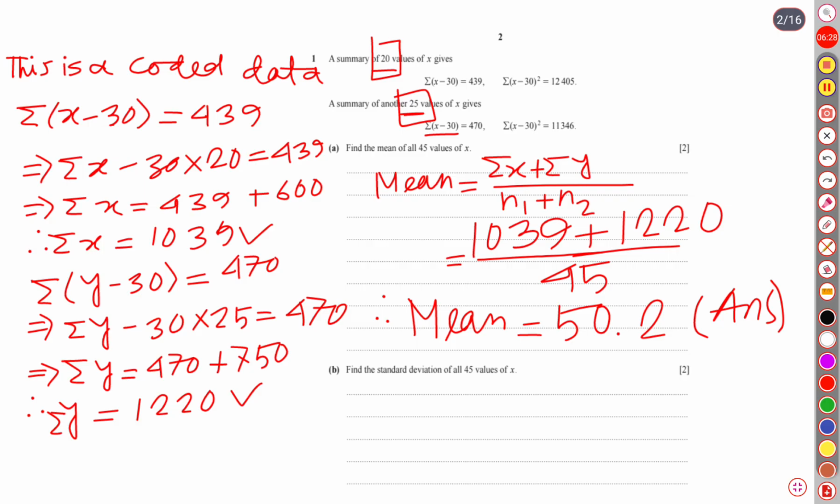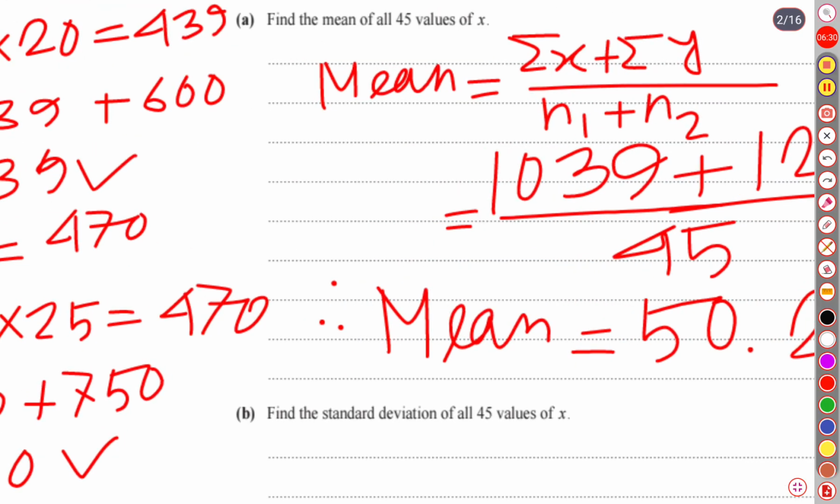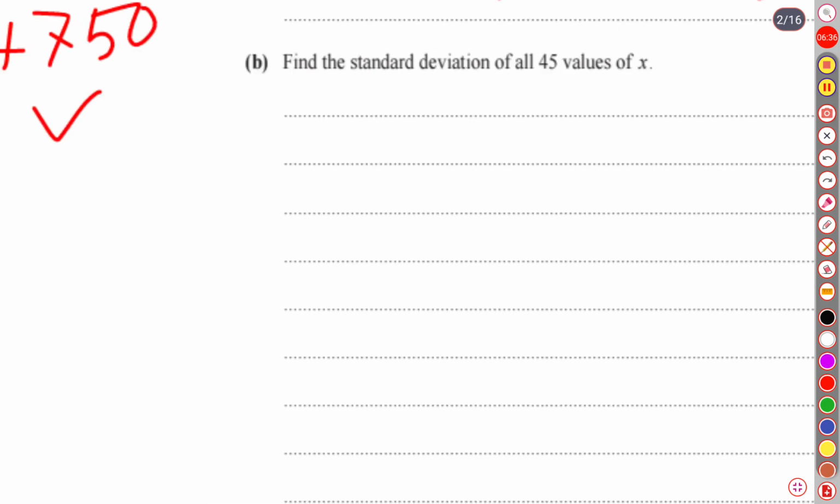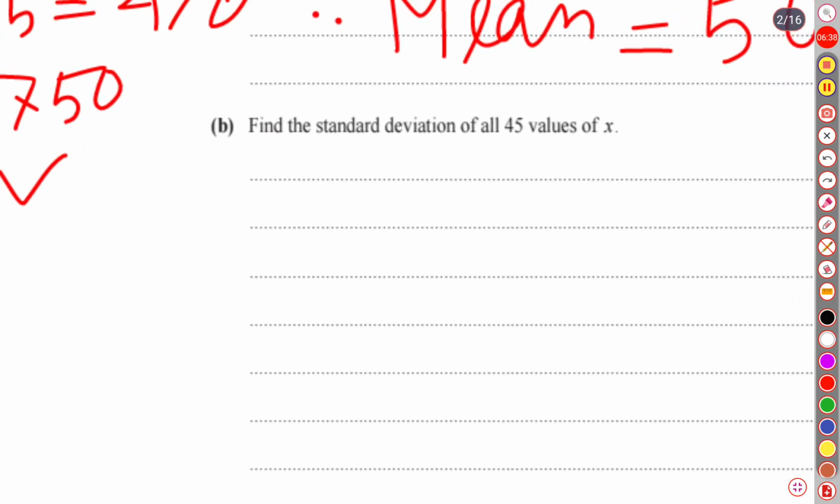Here we should not forget one concept: coding doesn't affect standard deviation and variance. If you get confused with these two concepts, the solution may be wrong.